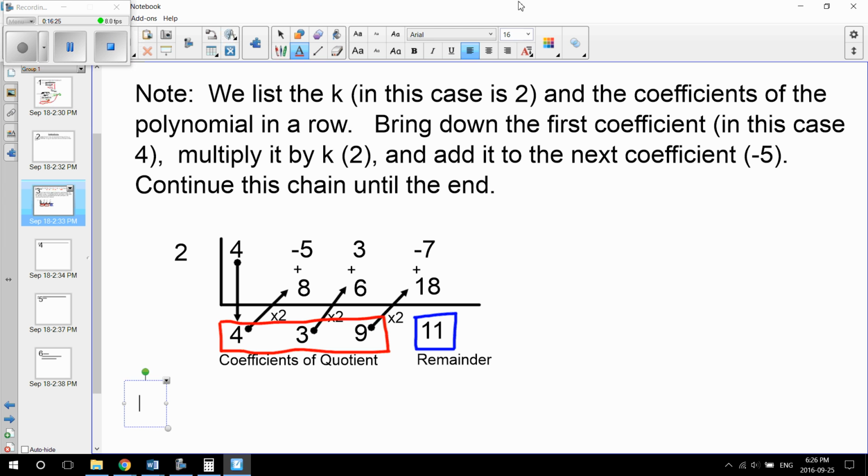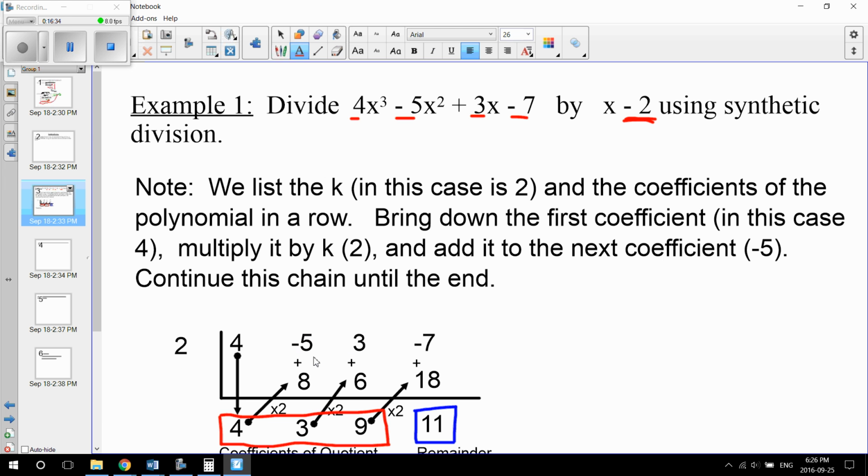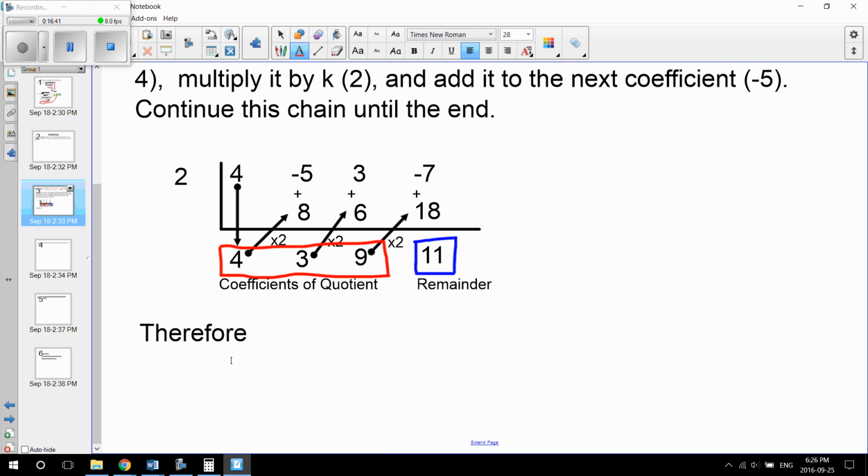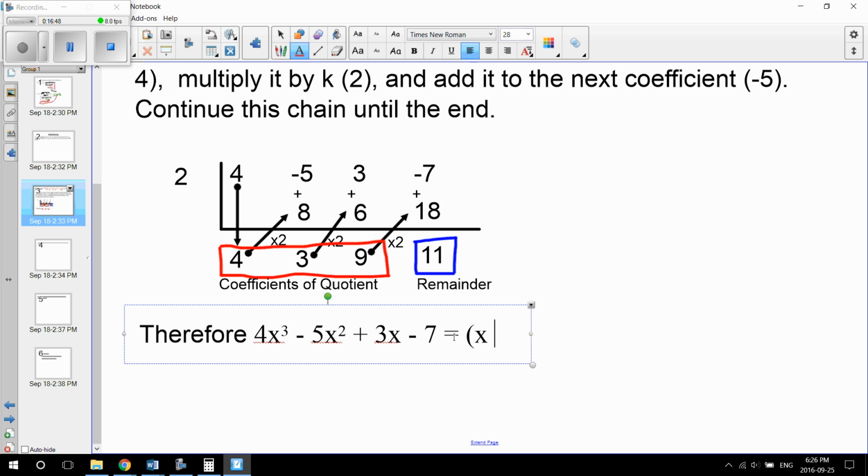So then our answer here would be, therefore, our polynomial that we started off with is equal to the factor that we were dividing by, which was x minus 2, times our new answer, so 4x.